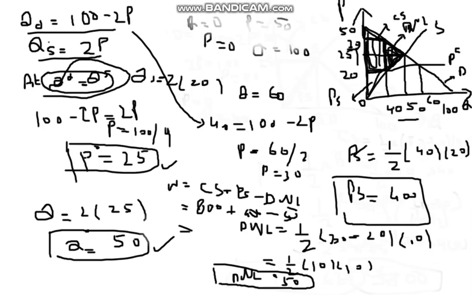So the total welfare will be equal to 1150, which will be lesser than the total welfare in the free market, or when there is no government intervention in the market. In that case the total welfare will be greatest, or at the highest point.